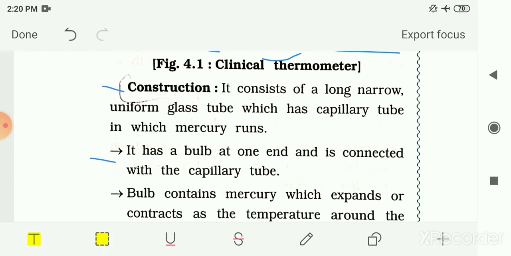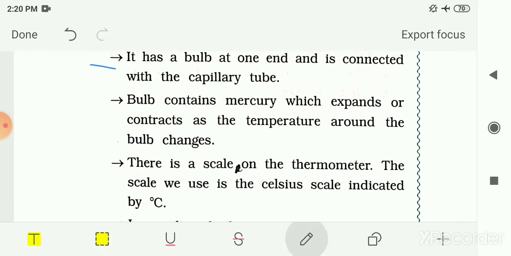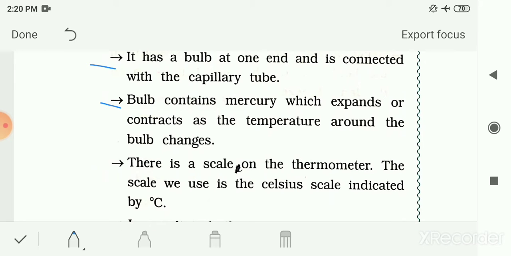The bulb contains mercury, which expands or contracts as the temperature around the bulb changes. As we keep this thermometer in our mouth, the temperature around this bulb changes. So that's why the mercury expands or contracts as the temperature changes.